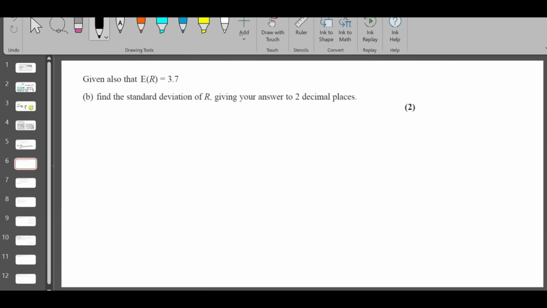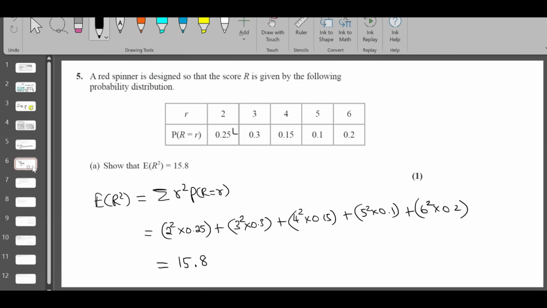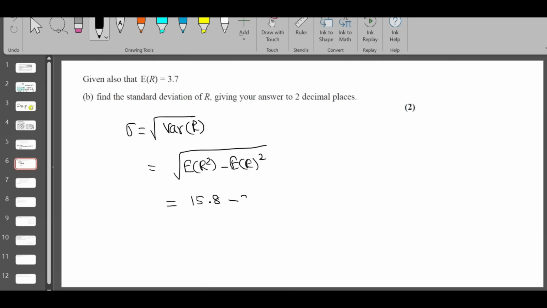Given also that E of R is this, find the standard deviation. That's another easy question because the standard deviation sigma is the square root of variance of R. So the formula for variance of R is E of R square minus E of R whole square, square root of it. So 15.8 from part A, and then minus E of R, 3.7 square.